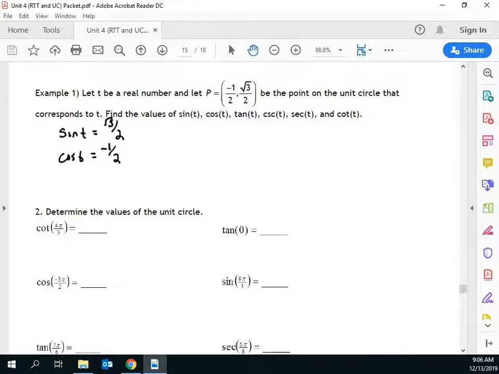And then we finished off with tangent, which we kind of only briefly talked about. We haven't really gotten into much detail, but tangent's going to always be broken down as sine t over cosine t, or we can say y over x. And then with that, we go ahead and take the y value of our coordinates over the x value of our coordinates.